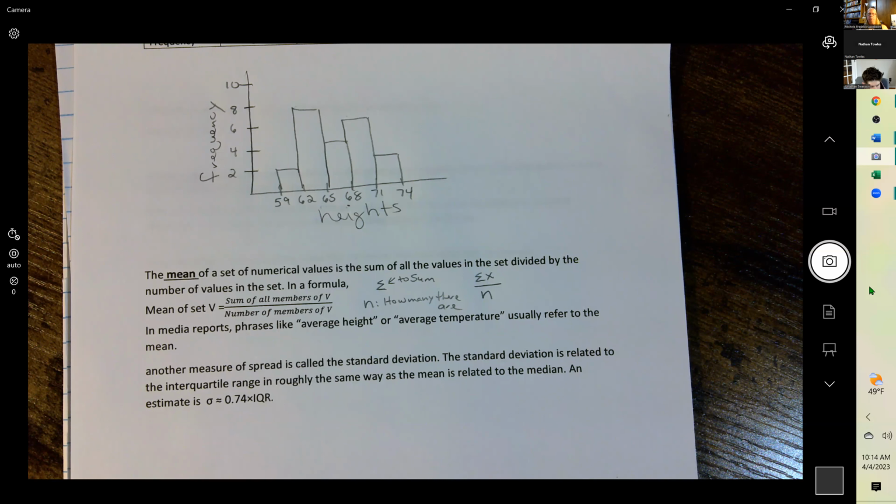I will also show you on Desmos how to find the exact value. We won't learn the exact value by hand because it's just long and it's not something you need when you can find it on Desmos or use this estimate. So the standard deviation estimate is 0.74 IQR.